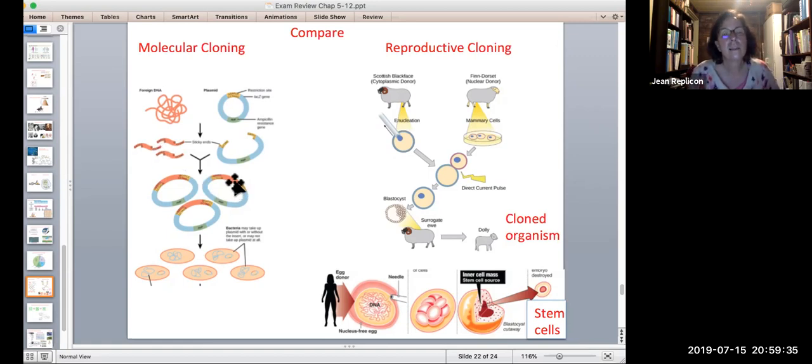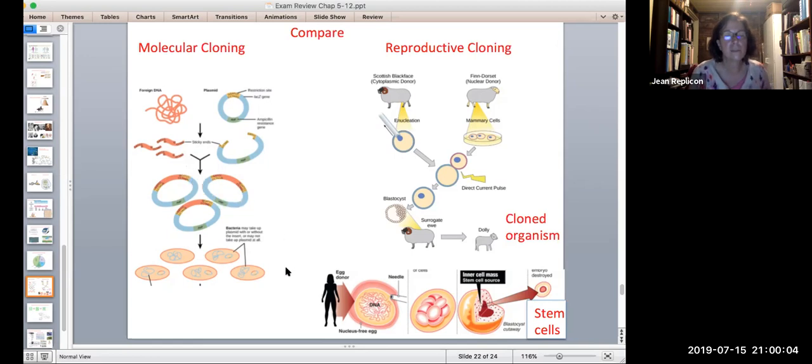And then this two-sourced plasmid can then be inserted into bacteria, and the bacteria just read it as if it was their code and produce the protein. And so in this way, they've been able to create products like insulin and human growth hormone, etc. Molecular cloning has been done also with plants.